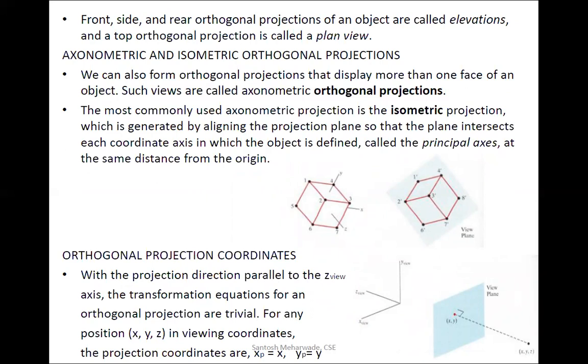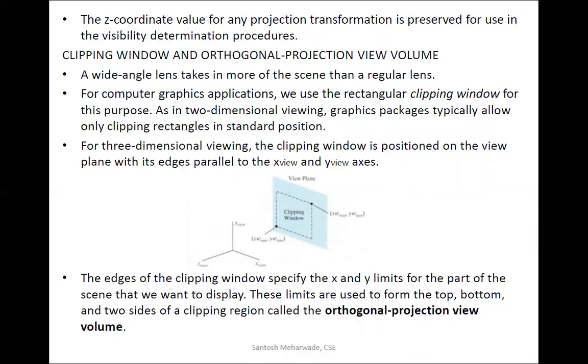Based upon that, we come to a conclusion from the z values. That we call the visibility determination procedure. For that we have a set of algorithms, the hidden surface removal algorithm or visibility surface detection algorithm, that we are going to see at the end of this module.